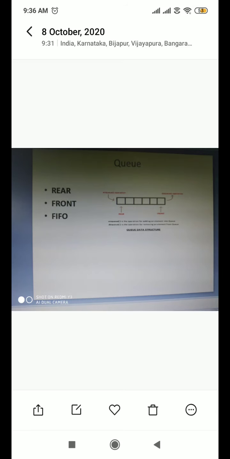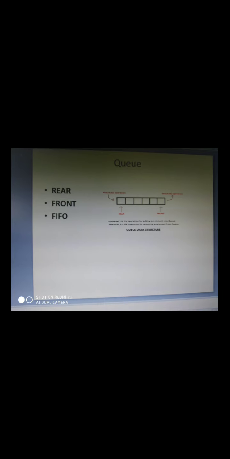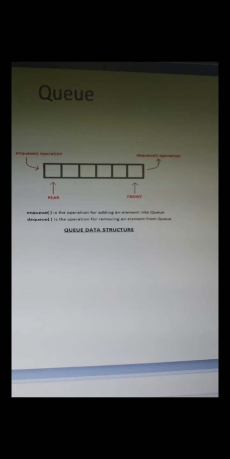So today we'll see one more data structure, that is queue. We've already seen the concept of stack. In the queue, we insert the elements from one end and we delete the elements from the other end. Here we have two ends, the rear end and the front end.